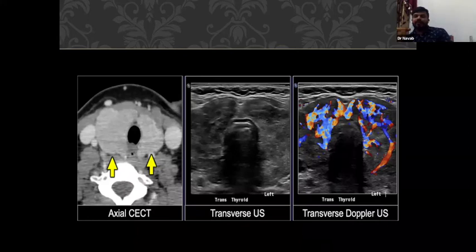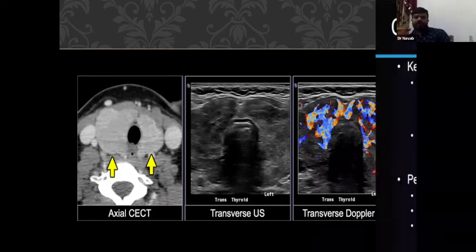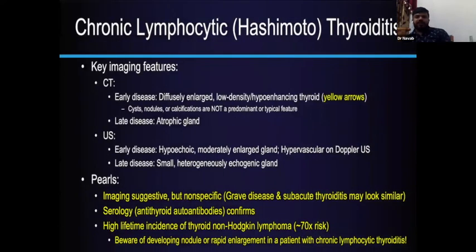Otherwise, it will be around 15 to 25, 30 in case of Hashimoto thyroiditis. What are the two malignancies that can originate from this case? Lymphocytic. So this is a case of chronic lymphocytic thyroiditis.